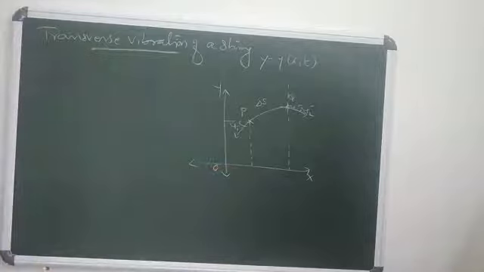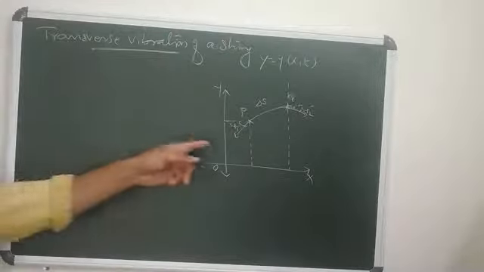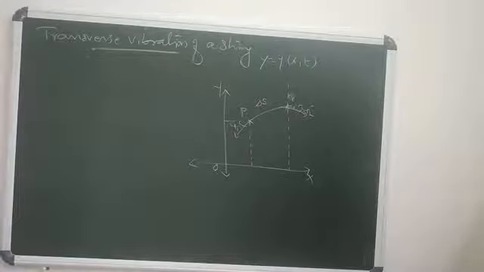Then the forces acting at the points P and Q are nothing but the tension only. Let T1 be the tension acting at the point P and T2 be the tension acting at the point Q. Neglect the weight of the string here.